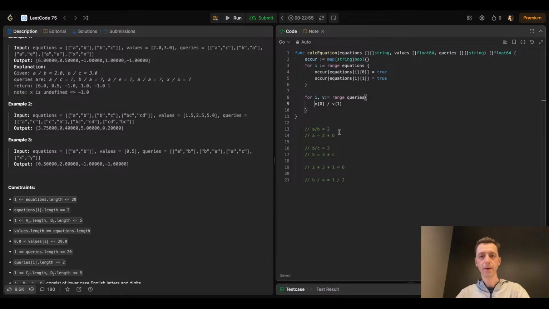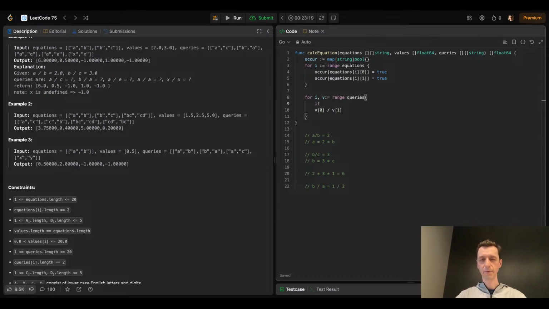The queries could be of different types. I see it lists several types already. One simple case is that one of the variables doesn't occur at all, and that's pretty simple.